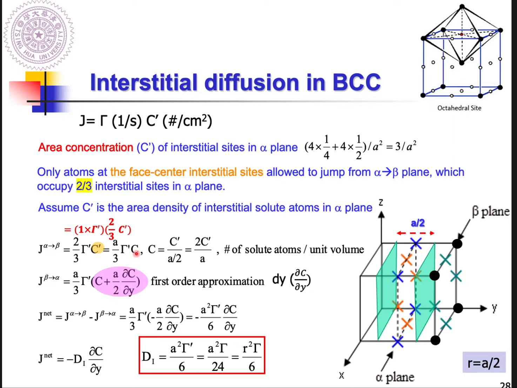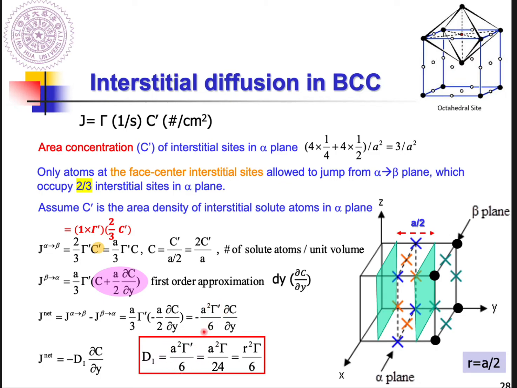Then as long as we get alpha to beta and beta to alpha, we can express the net flux like this. After arrangement, you use this minus this one, and the rest of the part you got is this one. Then compare with Fick's first law, and you can get the diffusivity of these interstitial atoms, which is equal to this term.